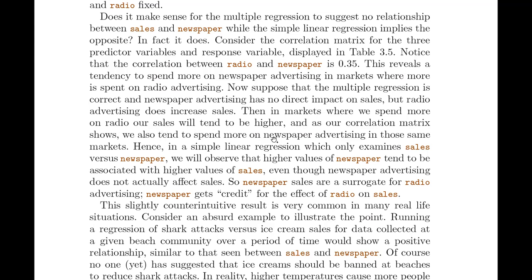And as our correlation matrix shows, we also tend to spend more on newspaper advertising in those same markets. Hence, in a simple linear regression, which only examines sales versus newspaper, we will observe that higher values of newspaper tend to be associated with higher values of sales, even though newspaper advertising does not actually affect sales.